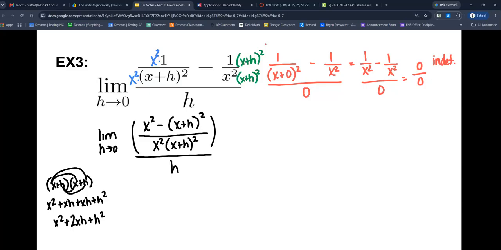I multiply them together and double it for the middle. That's 2xh. And I square the last and get h squared. So be careful with your signs here, because this is minus all of this stuff. X squared plus 2xh plus h squared.